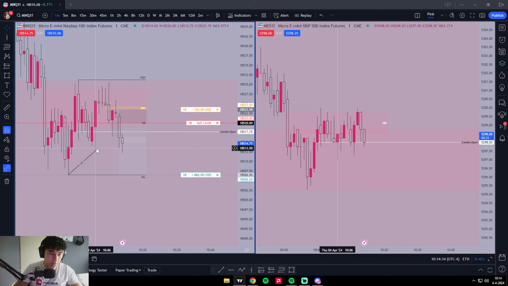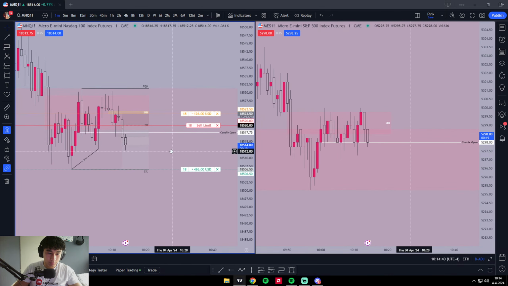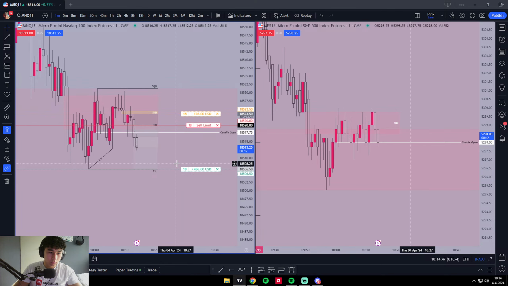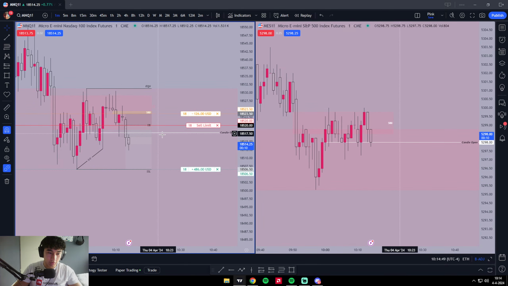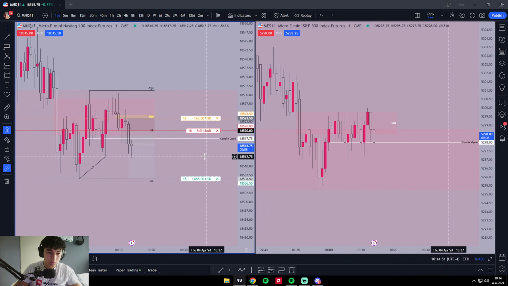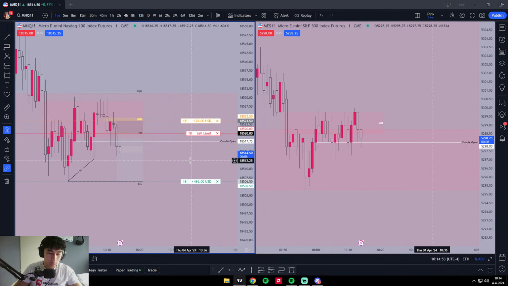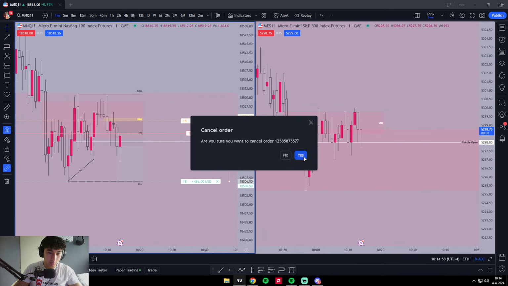Gonna reduce the size because we're already to get that low, so that would be lower probability if we tap it there, then go lower. Did create another SIBI though. Nah, I like that wick.